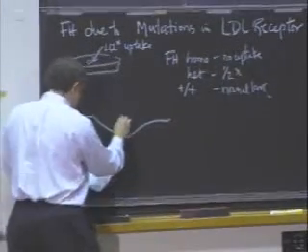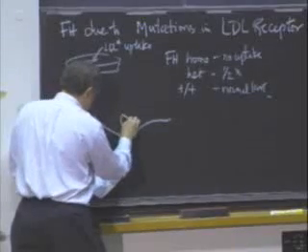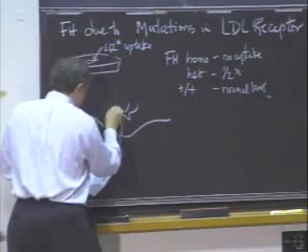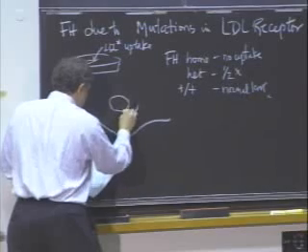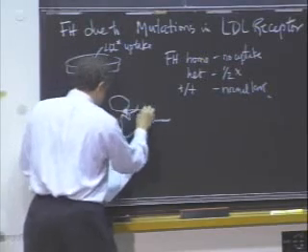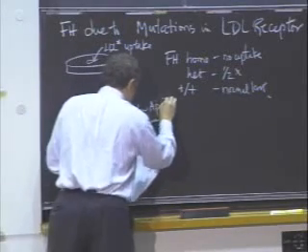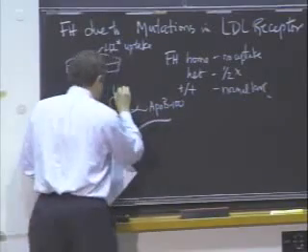It had a cytoplasmic tail, it had an extracellular tail, and what it did was it bound to the ApoB100 protein on the LDL particle.